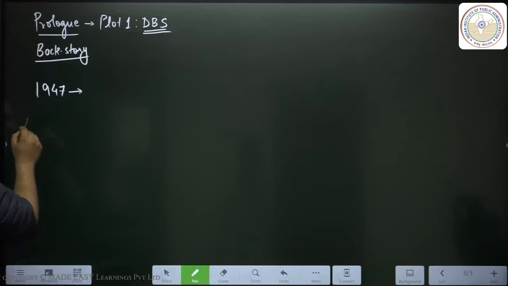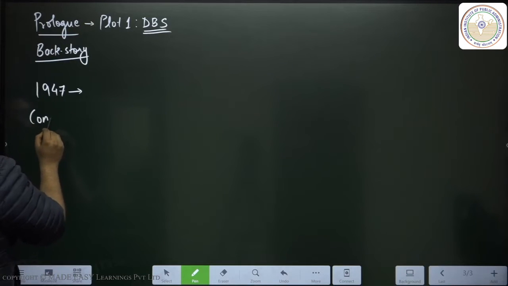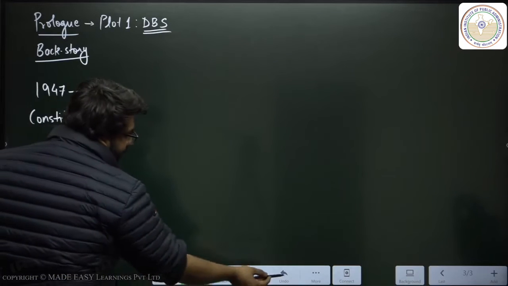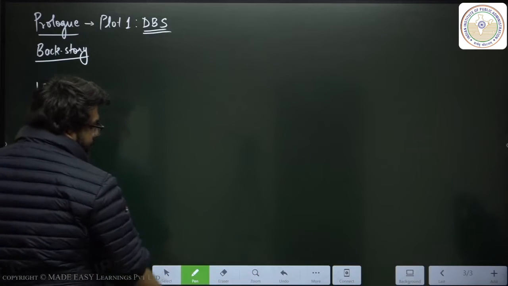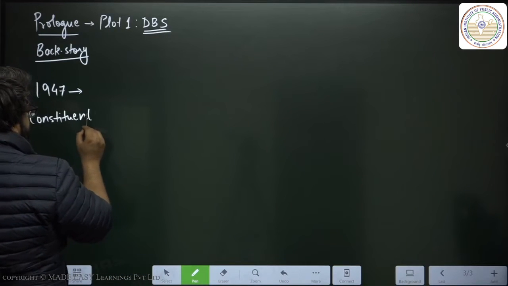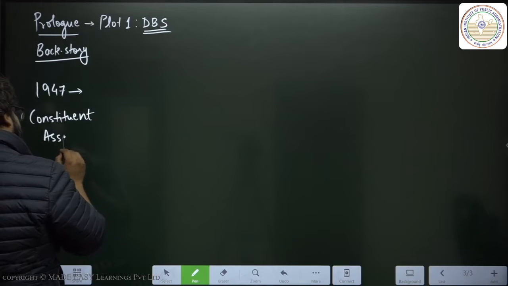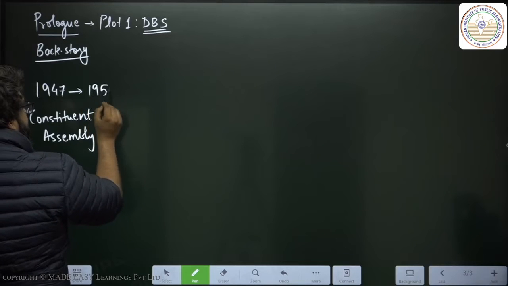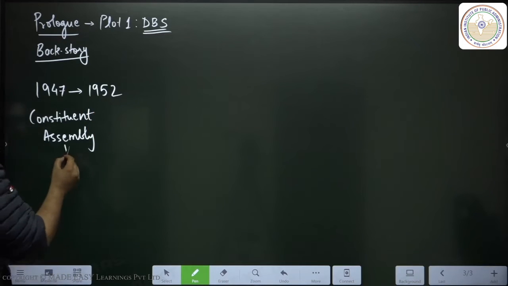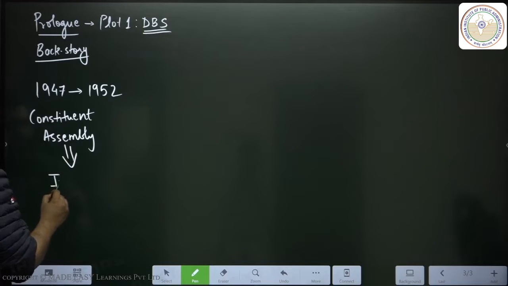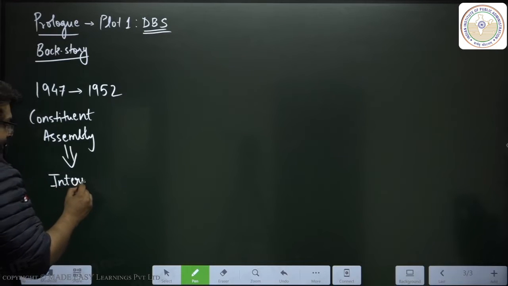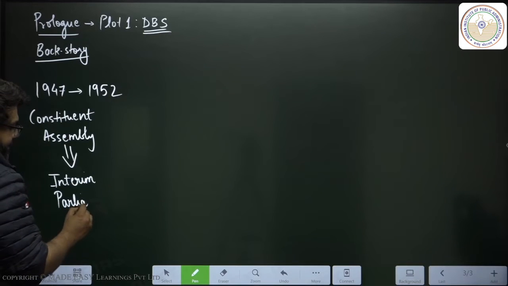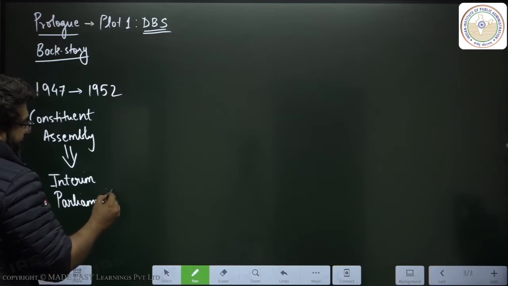From 1947 till about 1952, the Constituent Assembly converted into what was called the interim parliament, and we had an interim government as an outcome of the interim parliament.